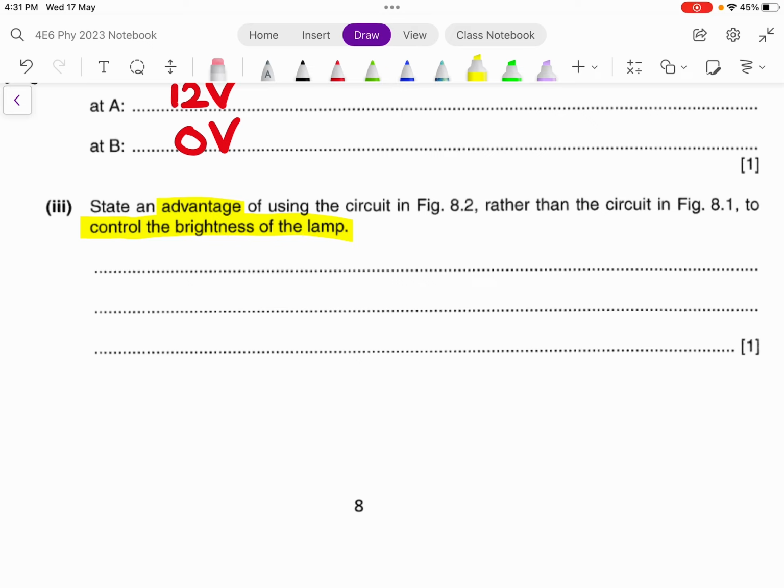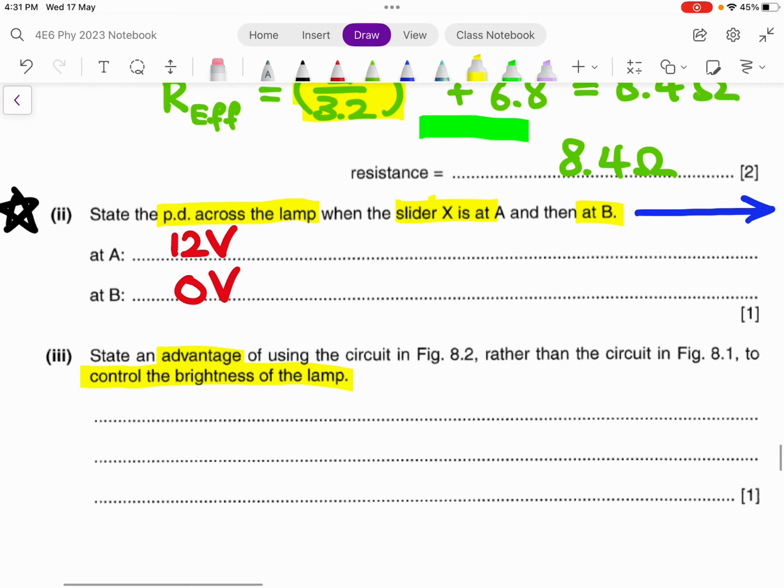The way to approach this question is that the hint lies in the previous question. It must be. So I look at this. I see what? PD across the light bulb. If I can control the PD of the light bulb, I can control the brightness of the light bulb, right?